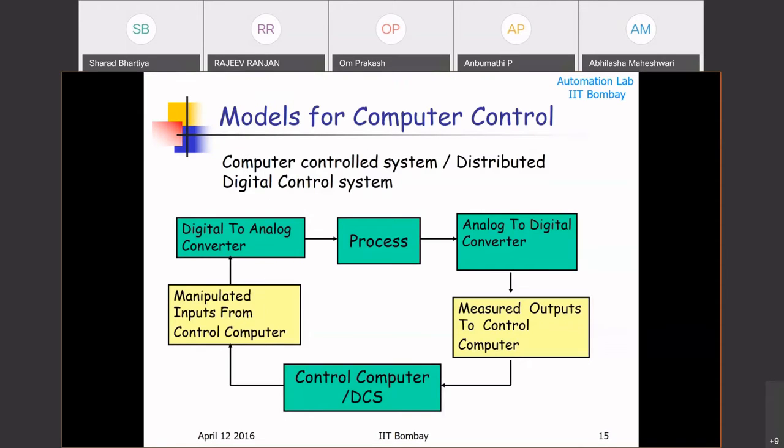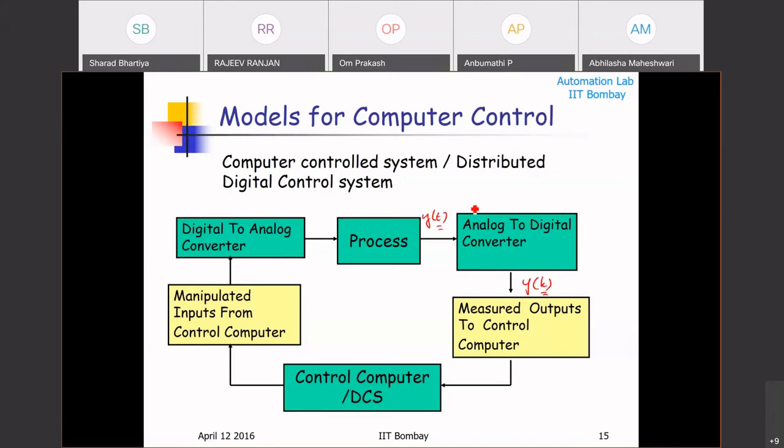Given here is an example where you are, remember, the output of a process is a continuous variable, and y of k. So I'm thinking of t here as continuous time and k as an index.